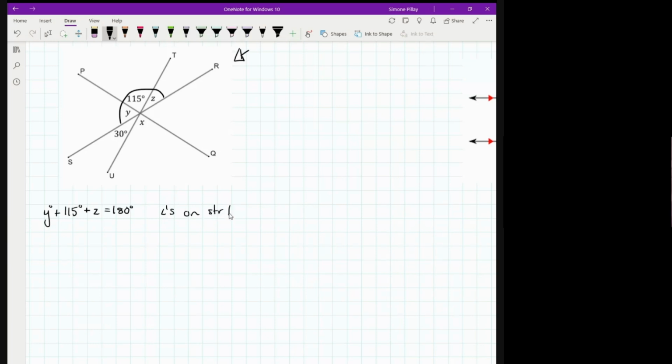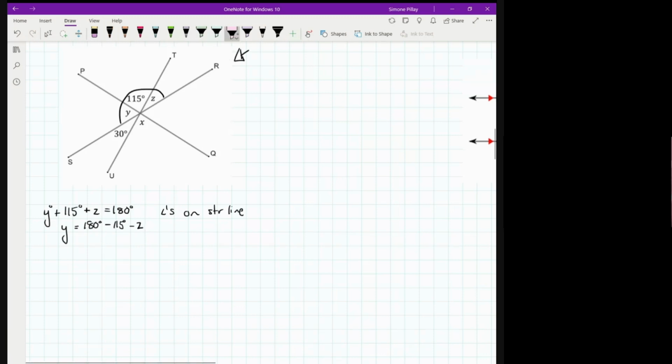And then we're going to say Y equals 180 degrees minus 115 degrees minus Z. Exactly.